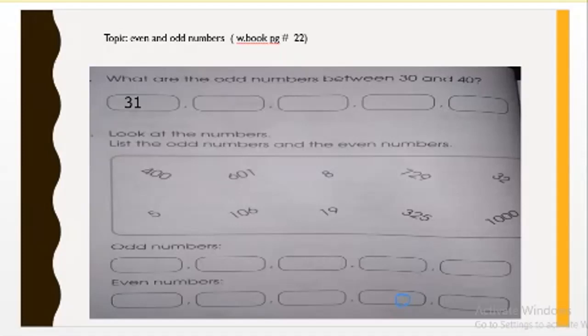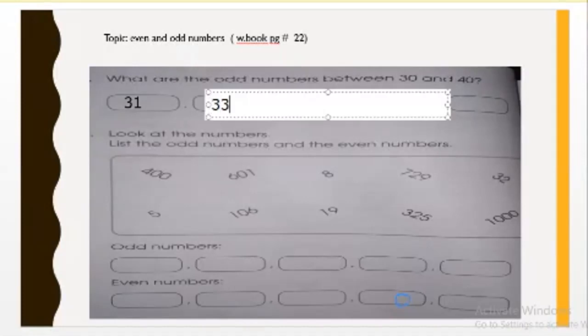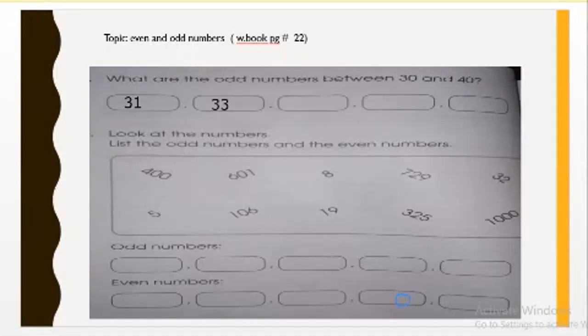Yes. Let's move on to the next one, 32. Is 32 even or odd? It's an even number because 2 is an even number. Just as I told you, just remember that. So 33. 33 is odd. I told you another trick is to skip one number, but you must be sure which numbers are even and which numbers are odd.